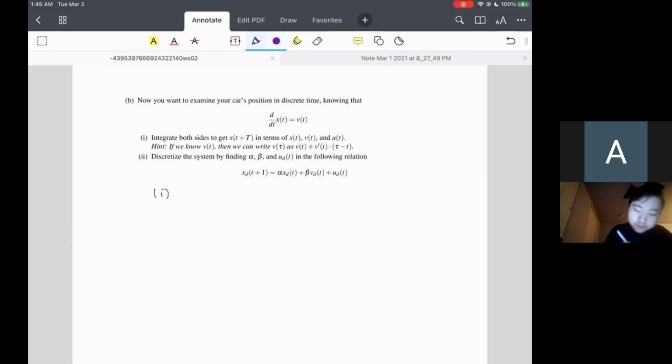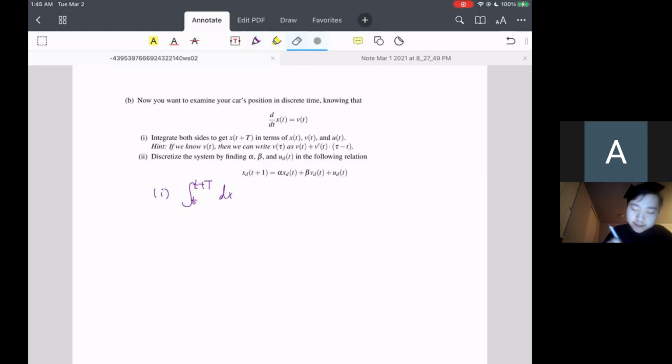So to do that, we notice that we can use the fundamental theorem of calculus to see that the antiderivative of a derivative is just itself. So take the integral of this whole thing from t to t+T of dx(t).